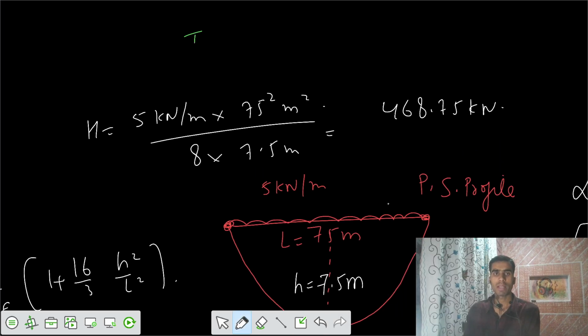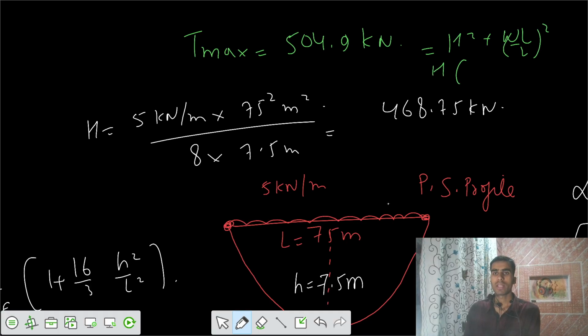And can you get the value of Tmax also? Tmax you can directly get. The value we already know, that's the square root of H square plus WL by 2 whole square, or we can say H times 1 plus 8 by 3 of h square by L square. I think the equation we know, we directly can solve for that.